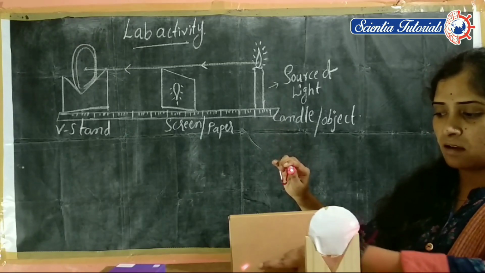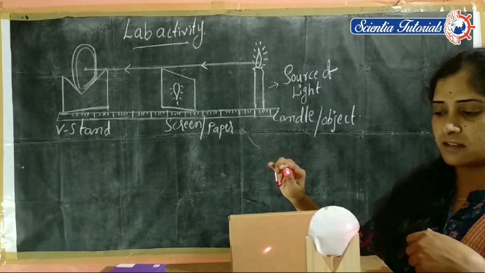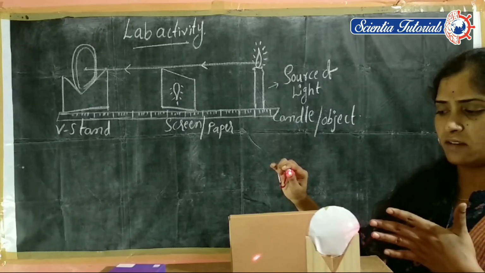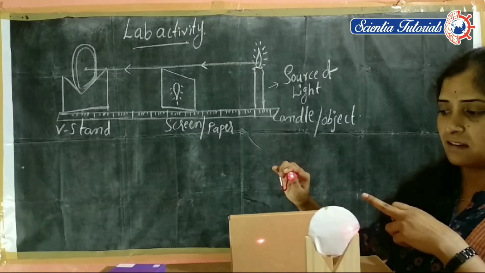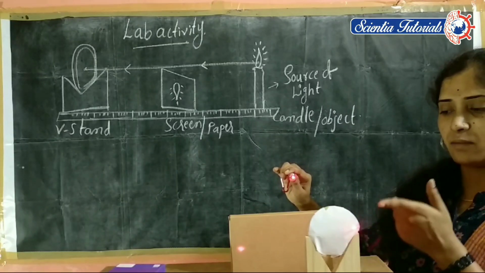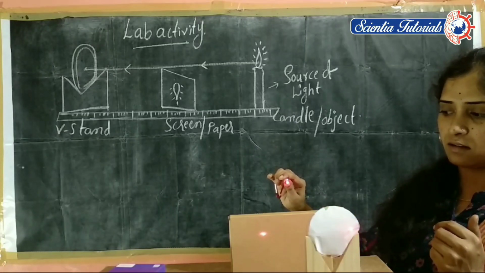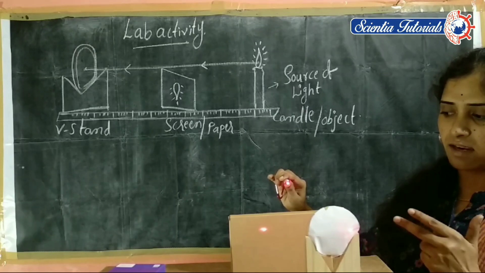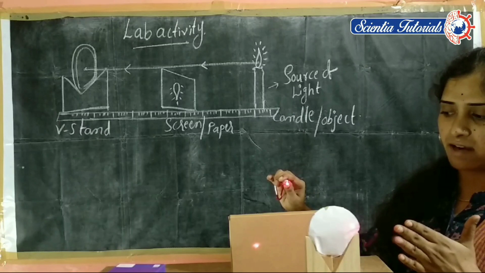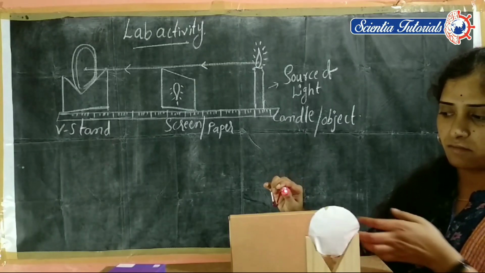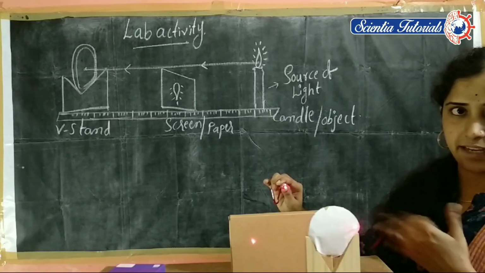We are observing a point size image, because we are taking a laser light. When we take the candle, we will get the candle image on the screen. The laser light gives one beam of point light, and that light image we get on the screen.